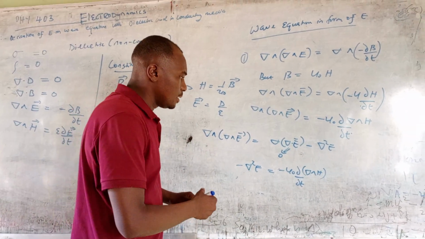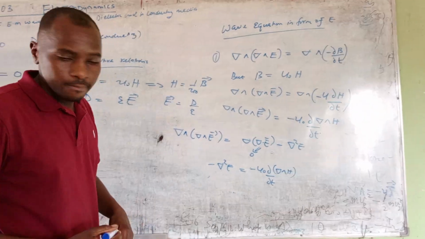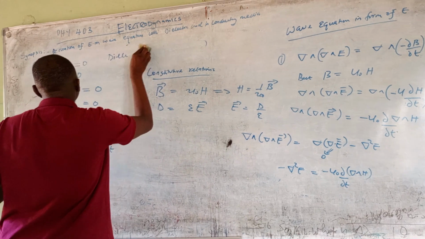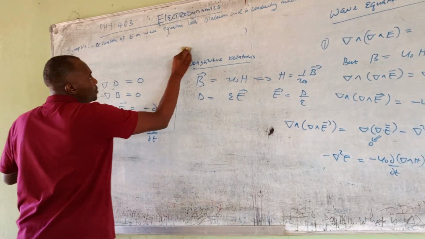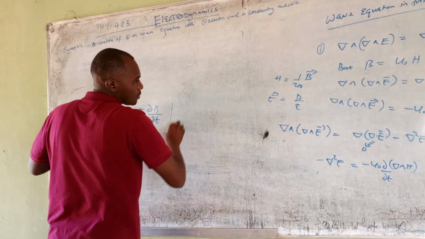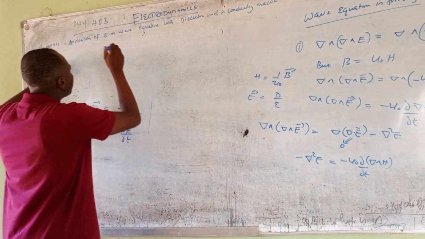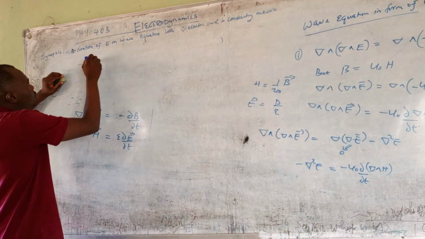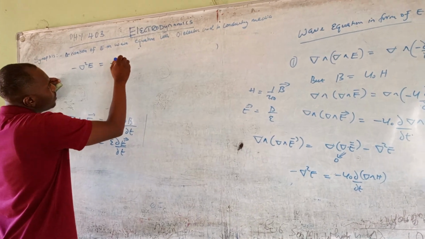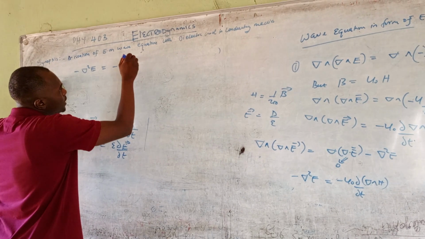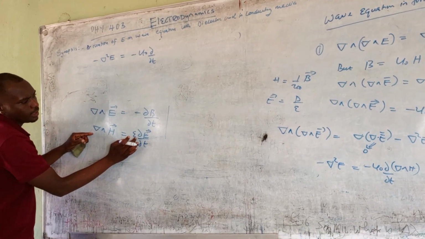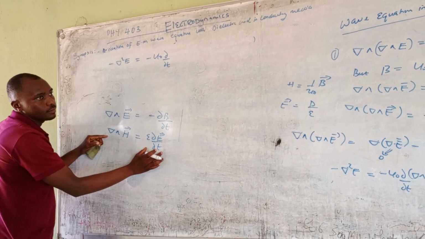The one that has E. So see what happens here. I'm bringing minus del squared E equal to minus mu d by dt of del cross H, which is given by epsilon dE over dt.